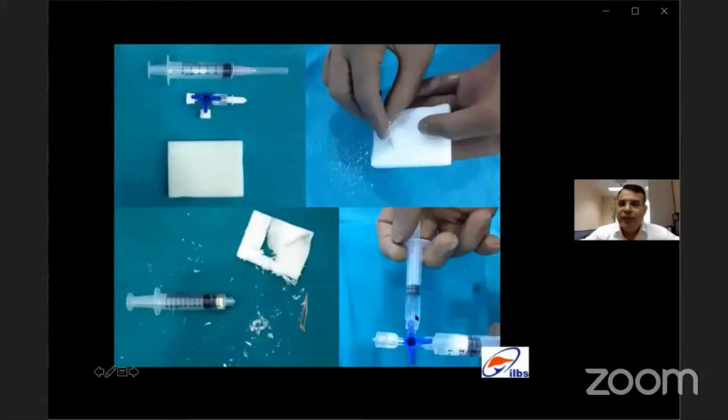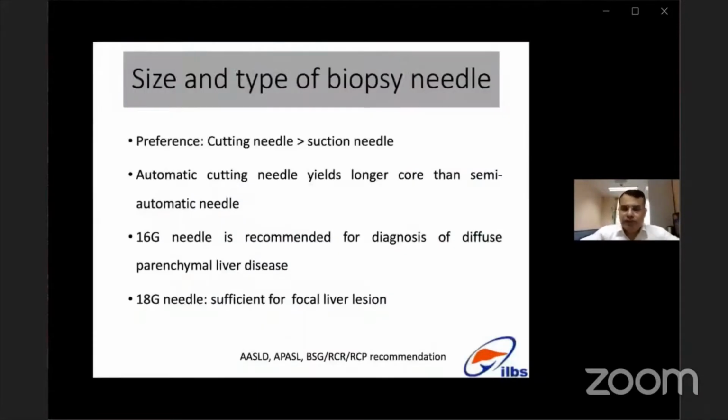Just 0.5 ml should be injected, not more than 0.5 ml of it, into the outer sheath through which the biopsy gun is taken inside the liver, and that is good enough to actually plug the tract. Alternatively, you can use other sealants, thrombin or collagen-based, for this tract closure, or sometimes people may also like to use coil or glue for closure of the tract.